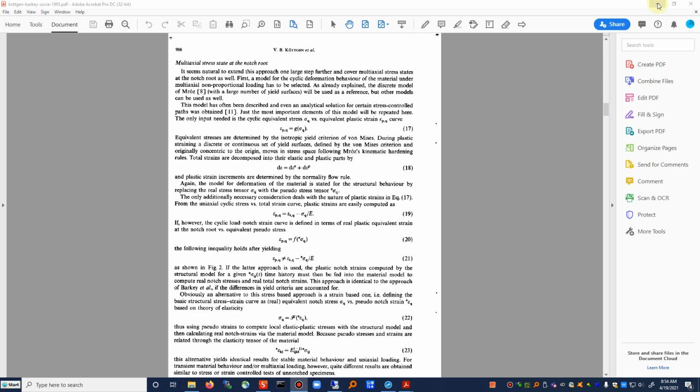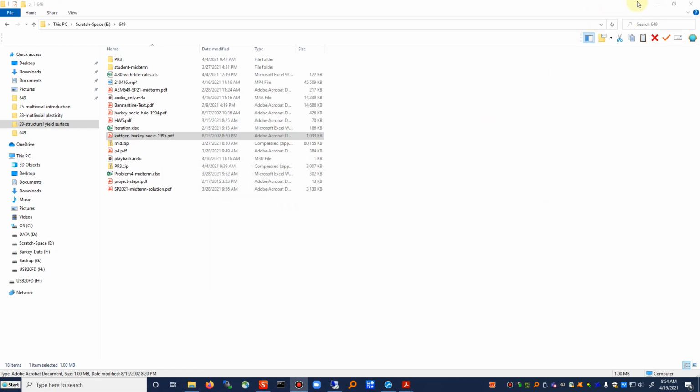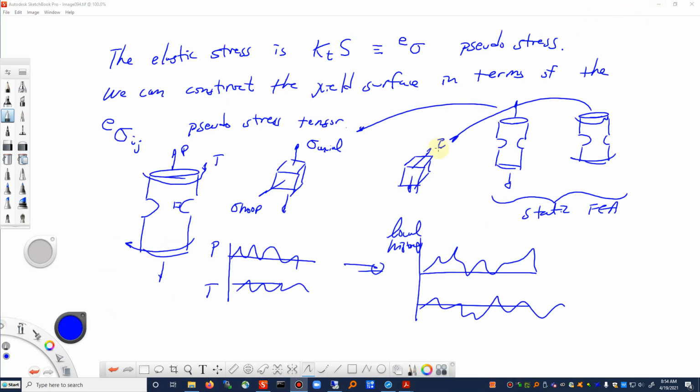But the new idea, and the implementation that makes this more practical for finite element post-processing, is that now we can express our structural yield surface in terms of the local elastic notch root pseudostresses. That's the word I'm looking for.